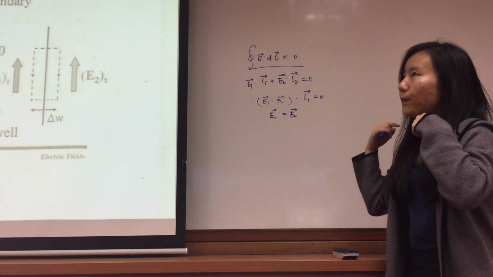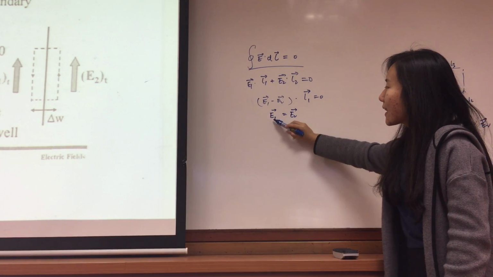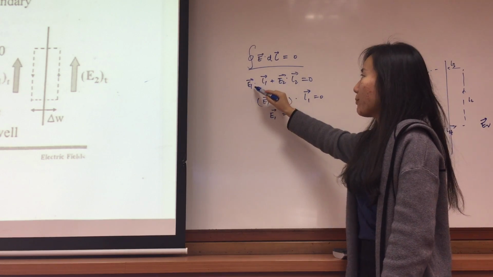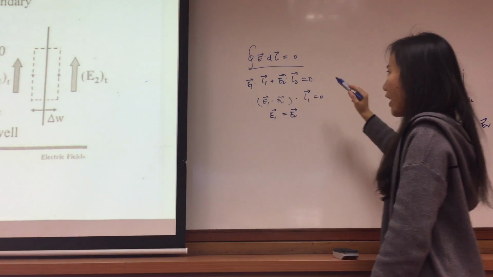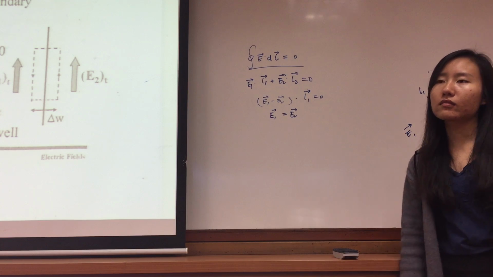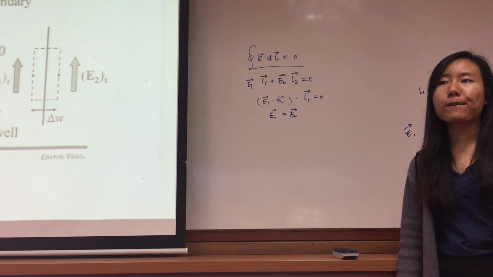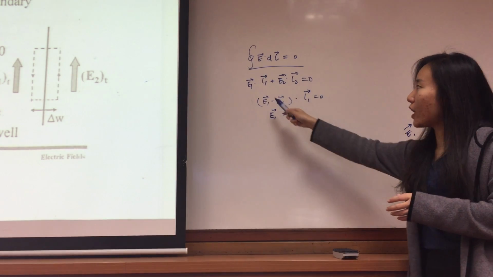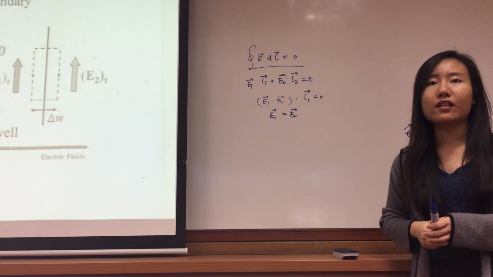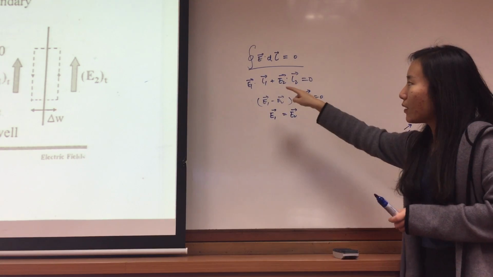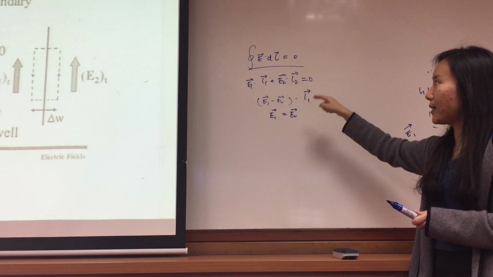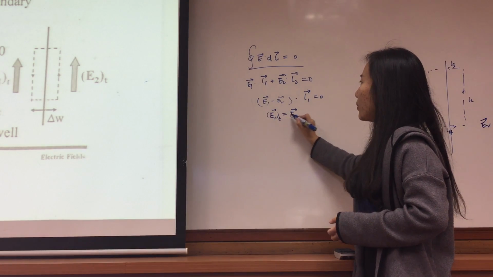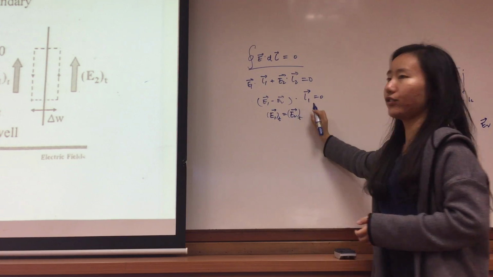Just one more point to add. I can write E1 equals E2 because I assume that E1 and L1 have the same direction. If E1 and L1 don't have the same direction, then I cannot write them as E1. If E1 and L1 have the same direction, and E2 and L2 have the same direction, then E1 is a tangential component and E2 is a tangential component.